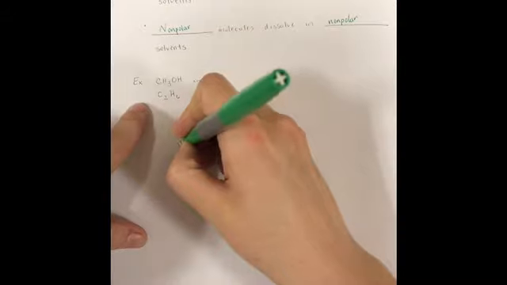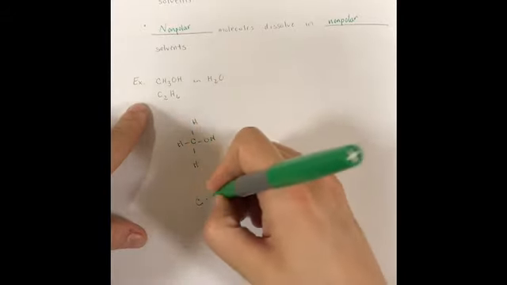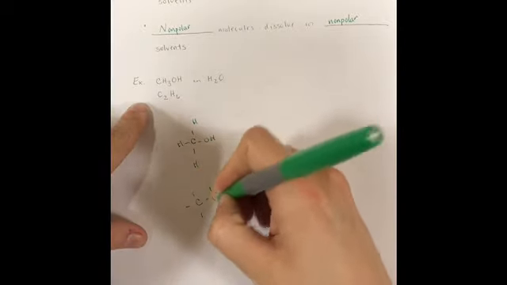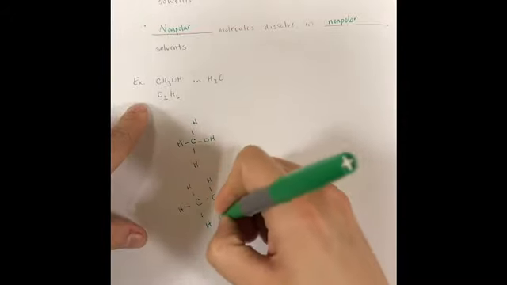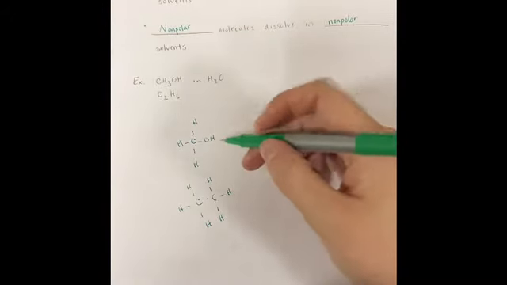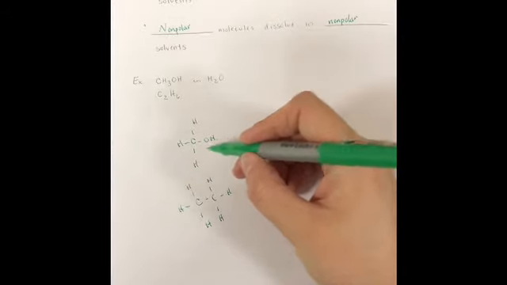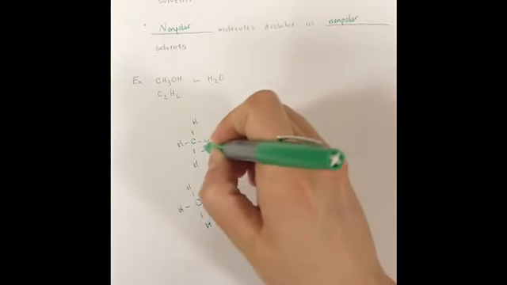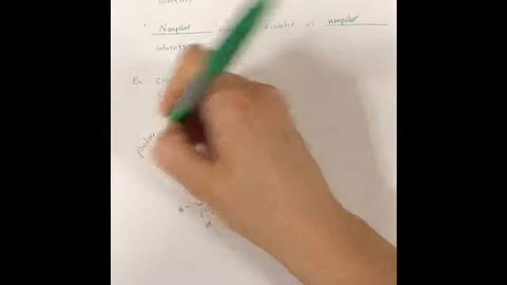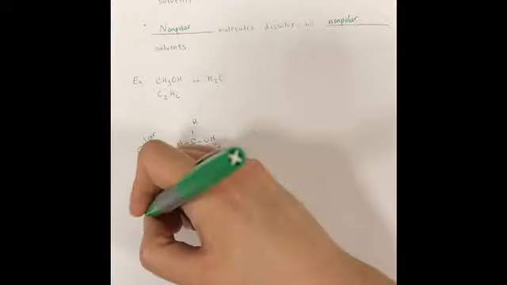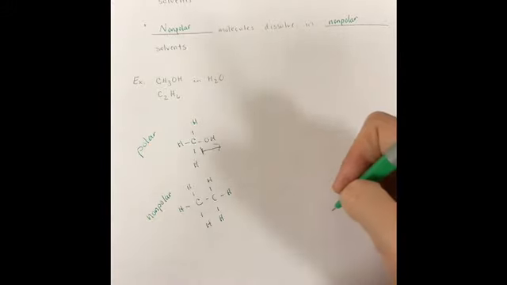Take, for example, CH3OH, and then C2H6. If we first classify these molecules, because of the oxygen here, the electron density will be pulled this way, so CH3OH is a polar molecule. However, C2H6 is a nonpolar molecule, with electrons distributed evenly.